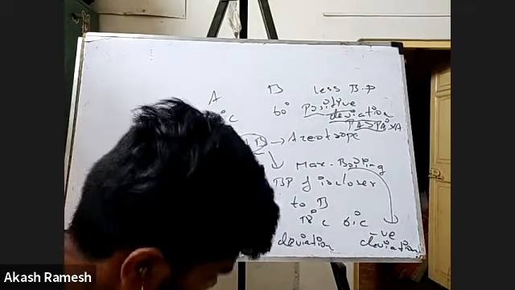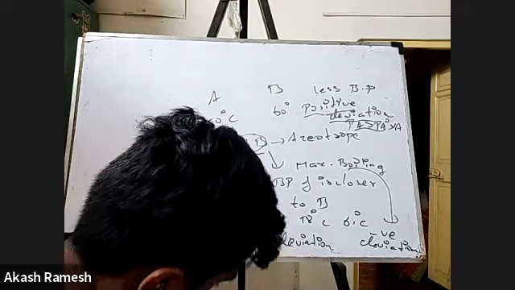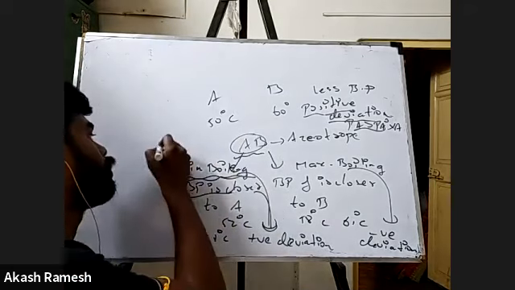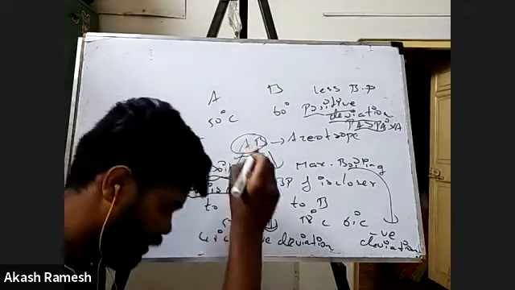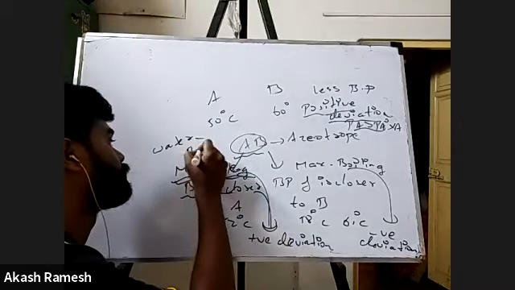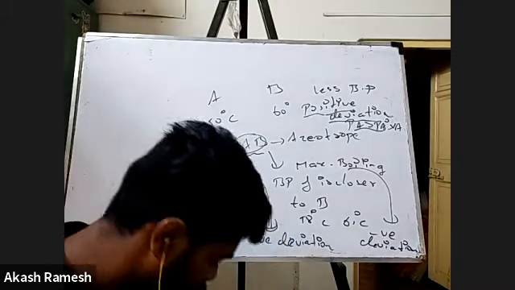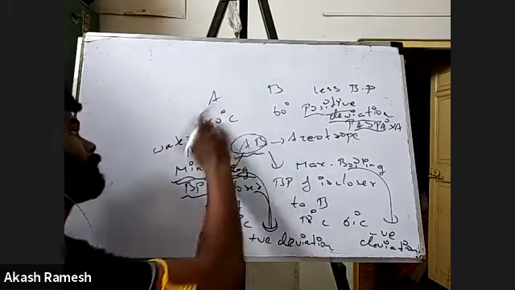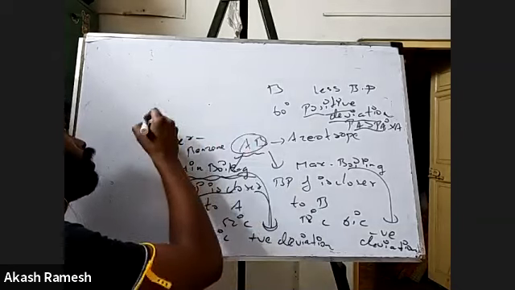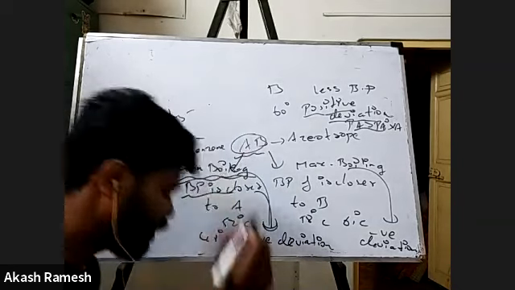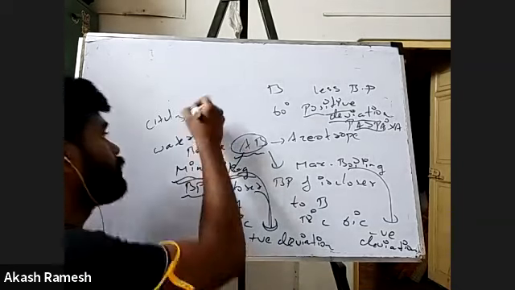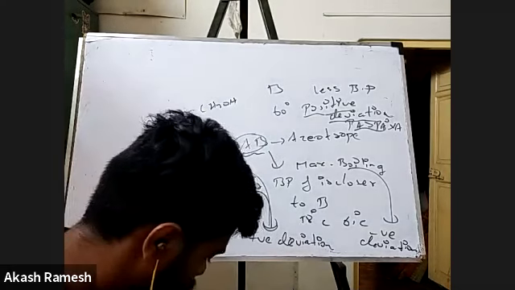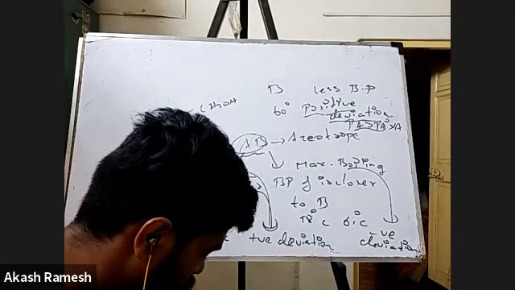For minimum boiling azeotropes, you have water and benzene. These are two liquids which form a minimum boiling azeotrope. Another example can be chloroform, CHCl3, and methanol, CH3OH. Again, that is an example for minimum boiling azeotropes.